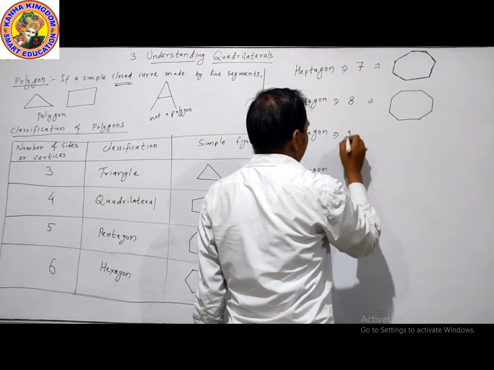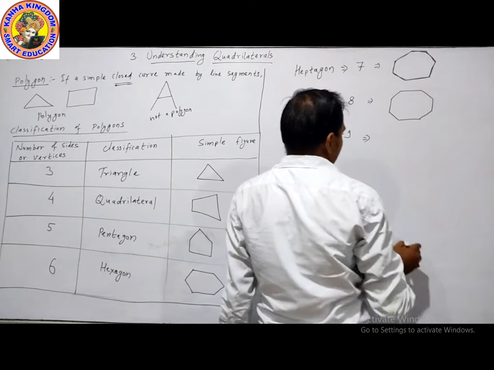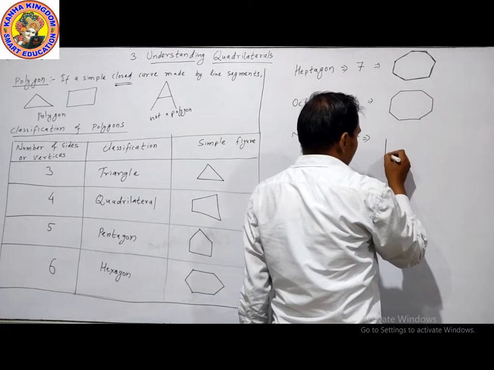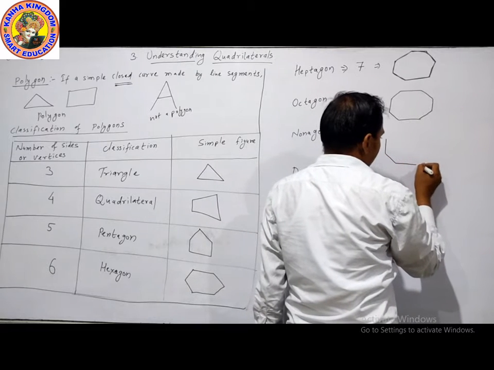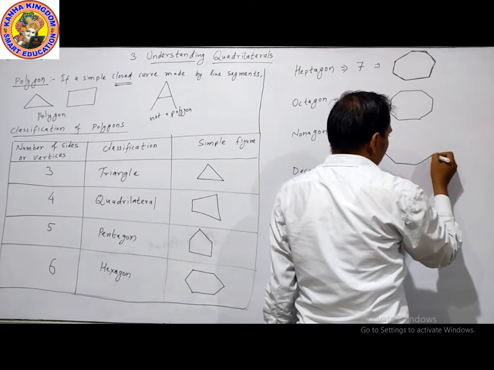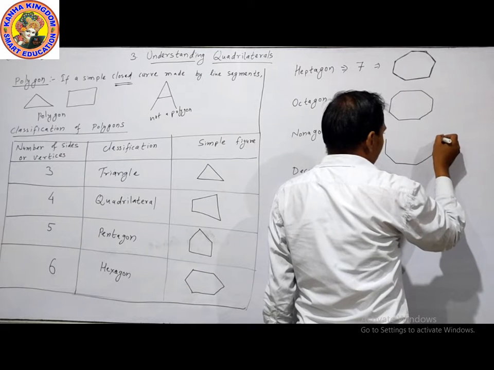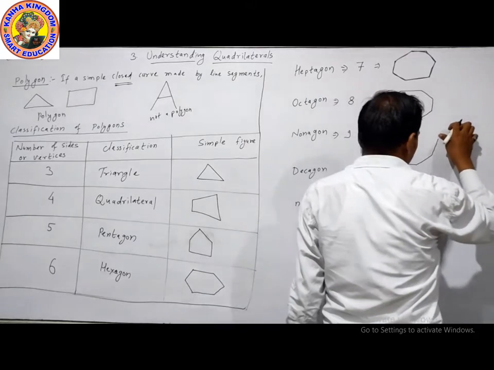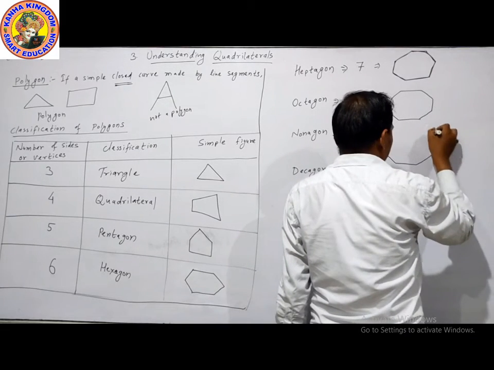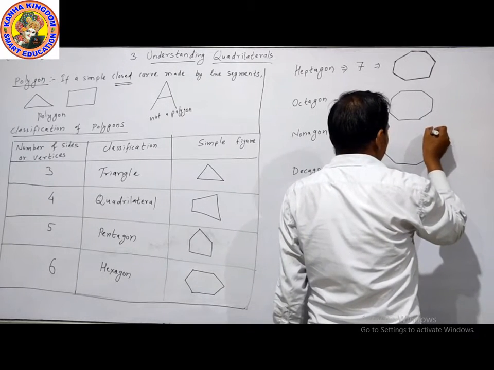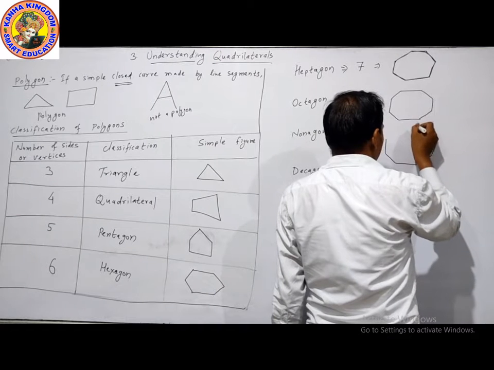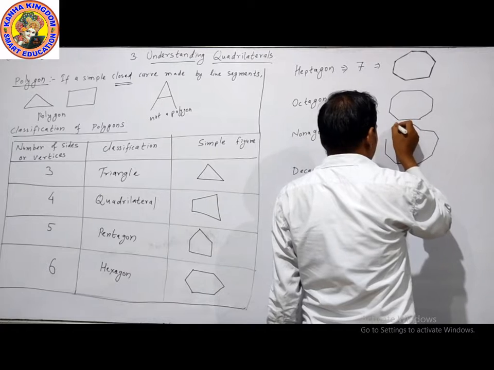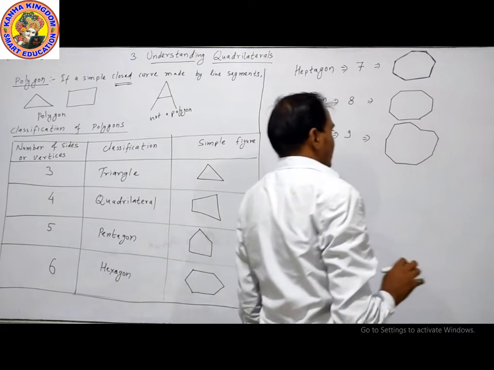Nonagon having 9 sides in this diagram. 1, 2, 3, 4, 5, 6, 7, 8, 9, 10.